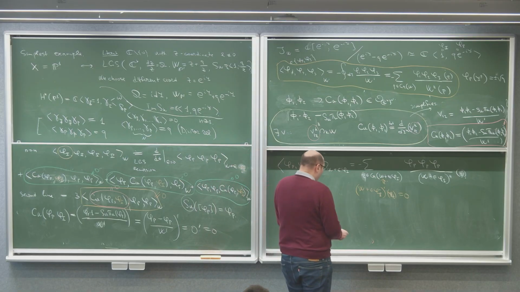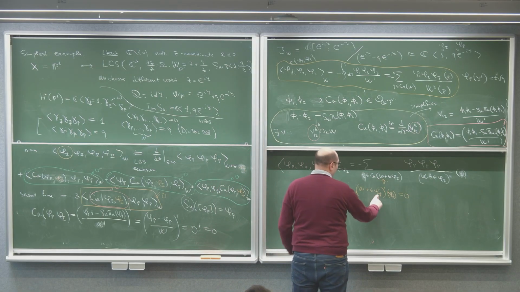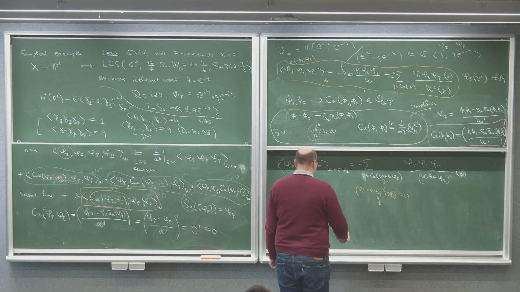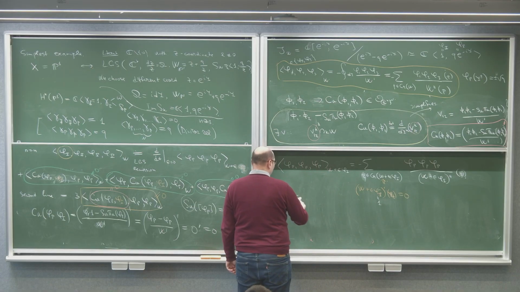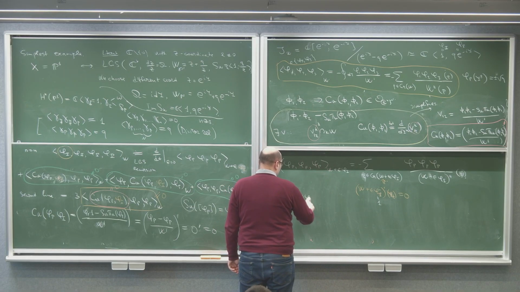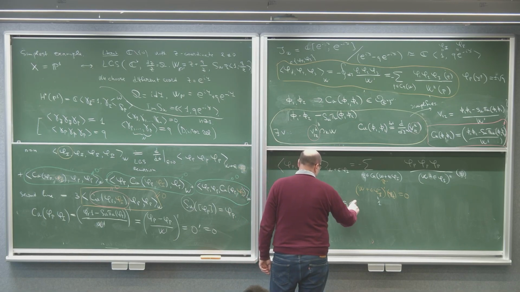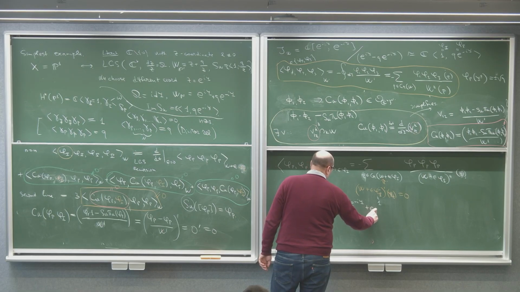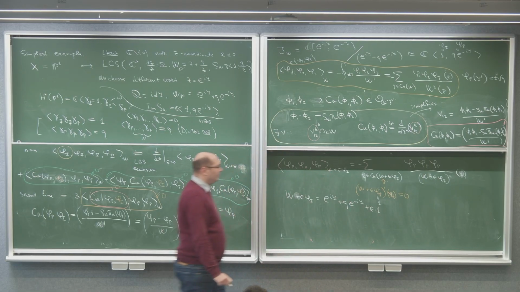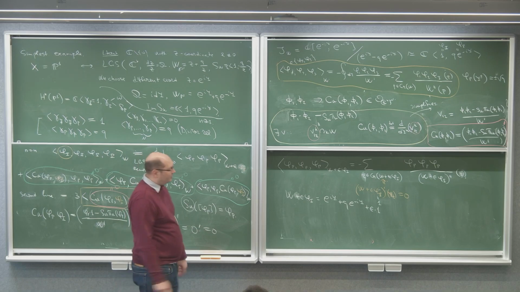And let us notice that since phi I is just the identity, what we do is take our original superpotential and just add epsilon times 1. So we just add a constant term.